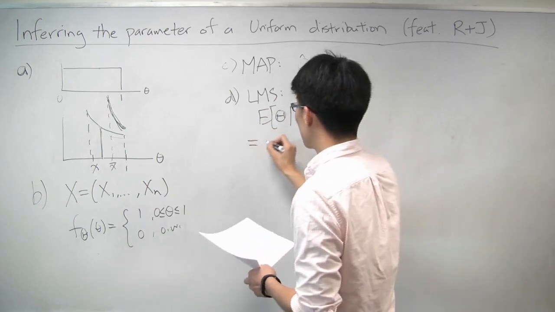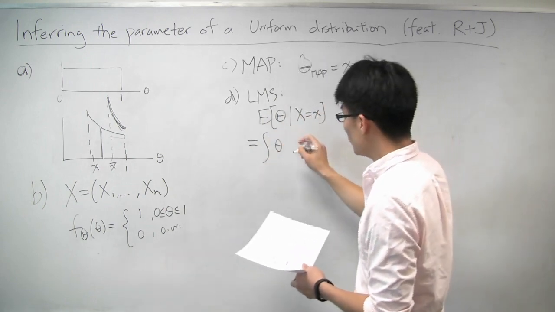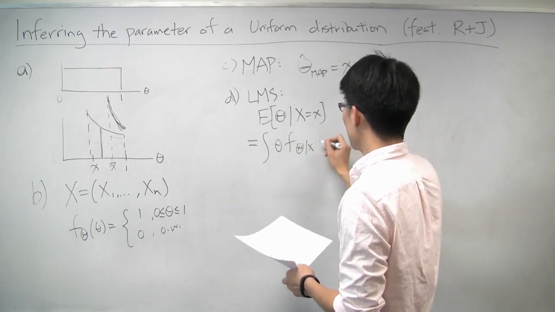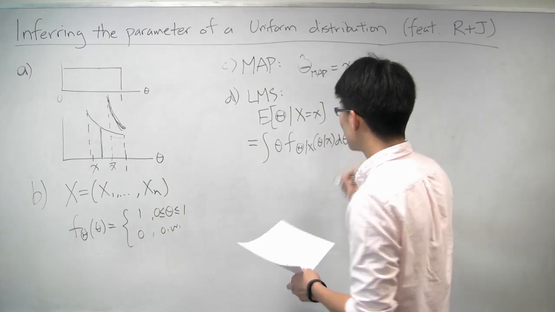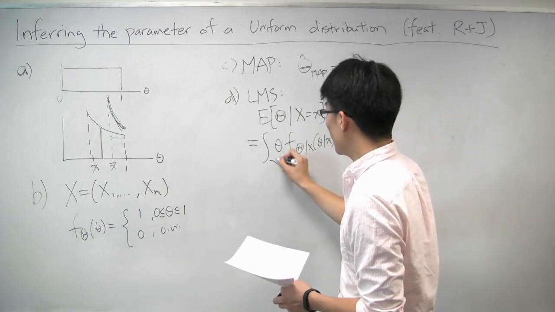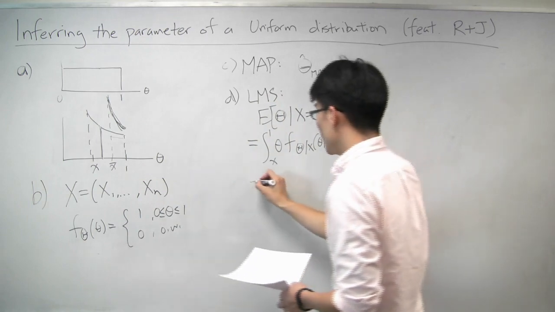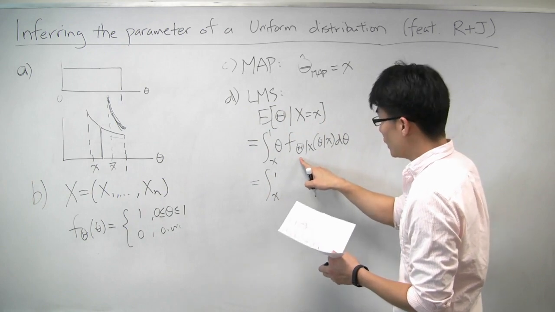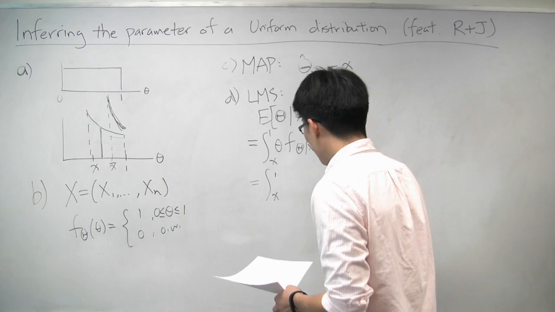So how do we take the conditional expectation? Remember, it's just the value, weighted by the correct distribution. In this case, it's the conditional PDF of theta given x, which is the posterior distribution. And we integrate theta from x to 1. If we plug this in, we integrate from x to 1 theta times the posterior.